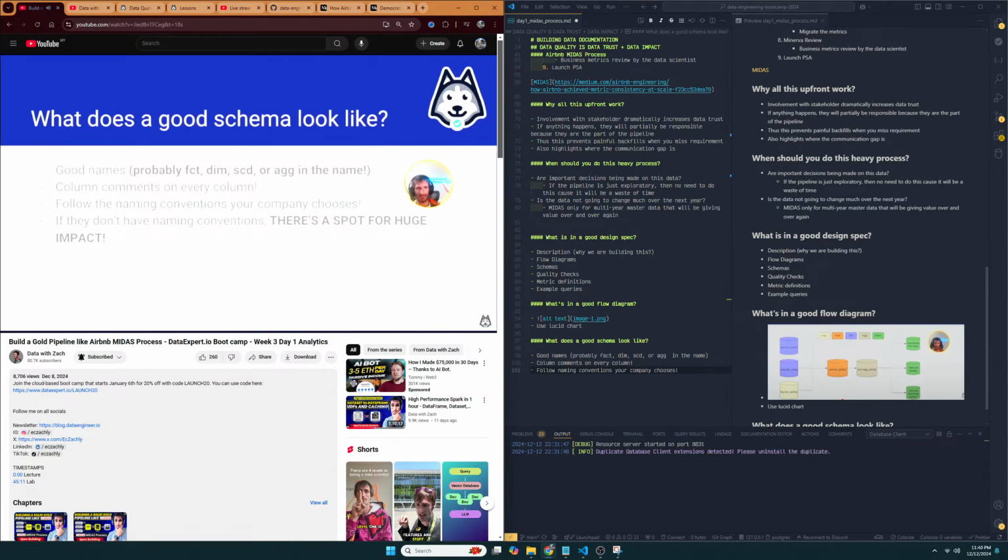So it's either a fact table, a daily dimension table, an SCD dimension table, or an aggregate table. And pretty much every single table at Airbnb had one of these in the name. That was kind of like a requirement.